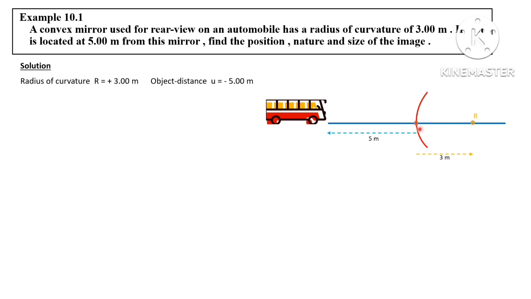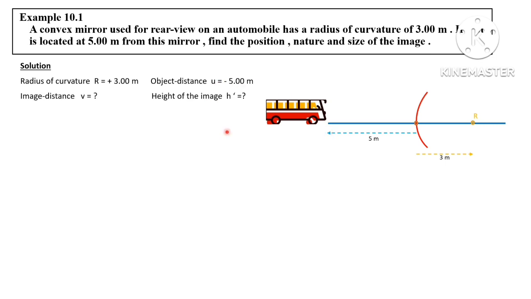According to the new Cartesian sign convention, the distances that are measured to the right of the origin is always taken as positive and the distances that are measured to the left of the origin is always taken as negative. Okay, that's why the radius of curvature which is right to the origin is positive here and the object distance u which is left to the origin is negative here.